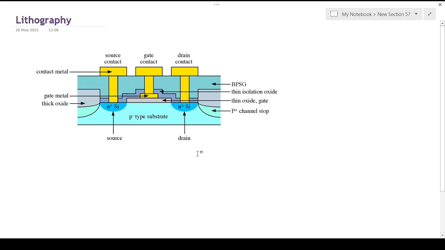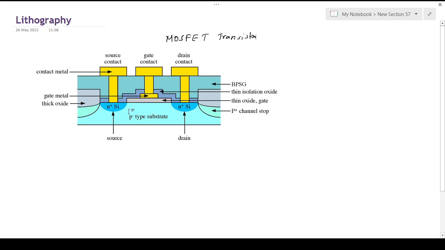This is a transistor design concept that is utilized for the preparation of a MOSFET in an industrial setting. Here you can see different components of a MOSFET transistor. We have a p-type substrate.